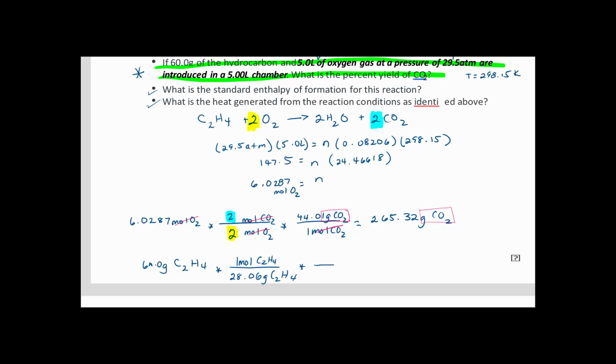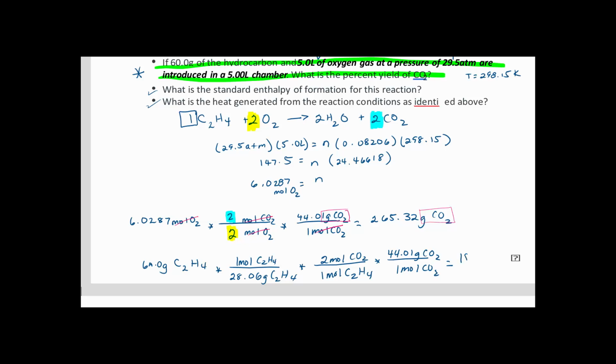So now I have moles of C2H4. Now I use the values in the balanced chemical equation, and remember the absence of a number in a balanced equation is a 1 and not a 0. I need to convert that into moles of CO2. And then I use the molar mass, so 44.01 grams of CO2 for every 1 mole of CO2, in order to find out how much carbon dioxide I could make from that hydrocarbon.